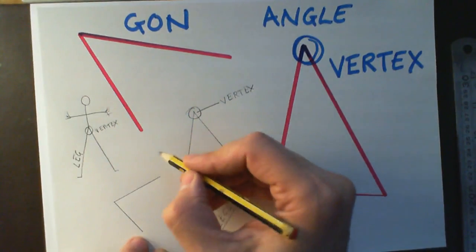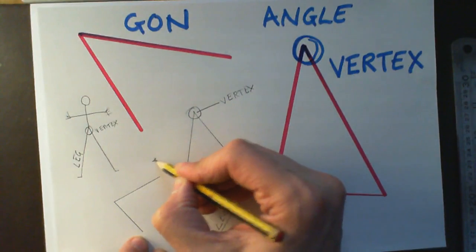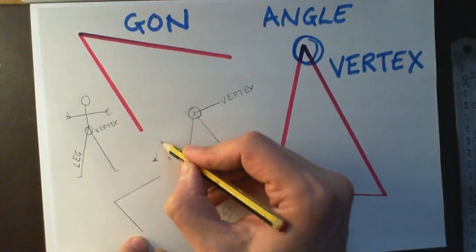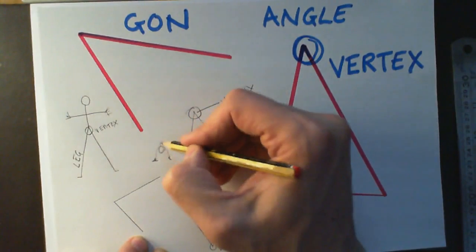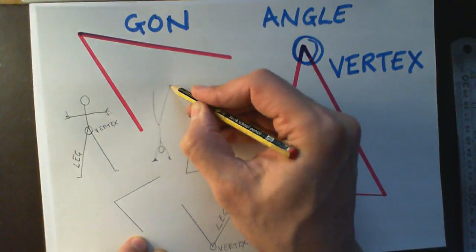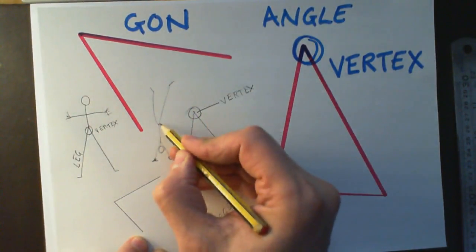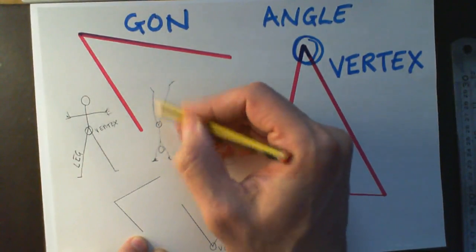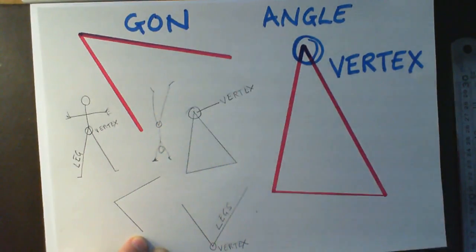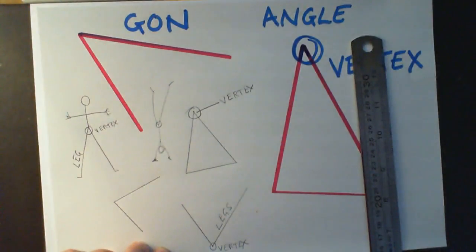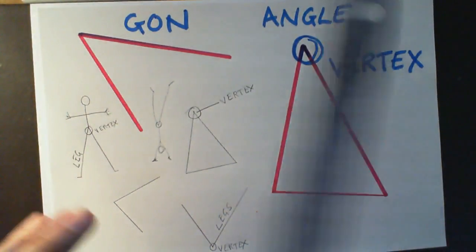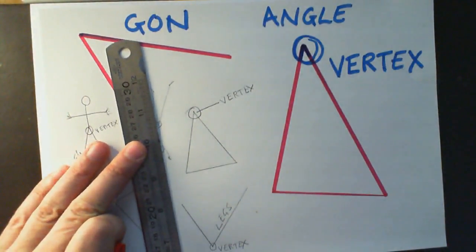And even if he used to do a headstand, there he is, right? He's doing a headstand. There's his head. He's got his legs up in the air, right? He's doing a headstand. The vertex is still here, where the two legs meet. So every angle has a vertex. A point where the lines meet.